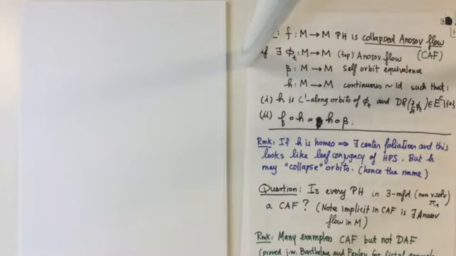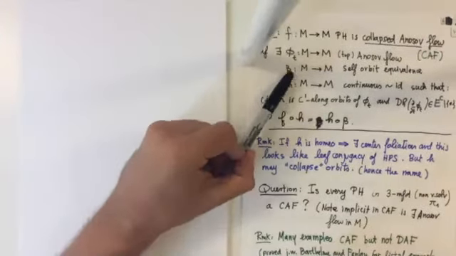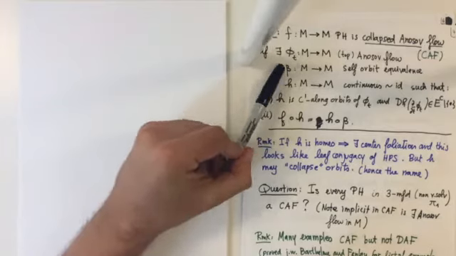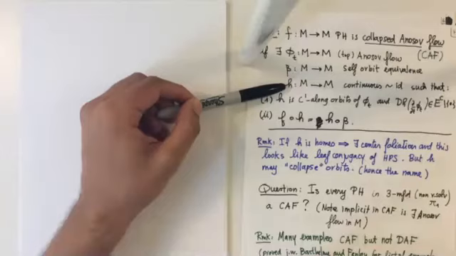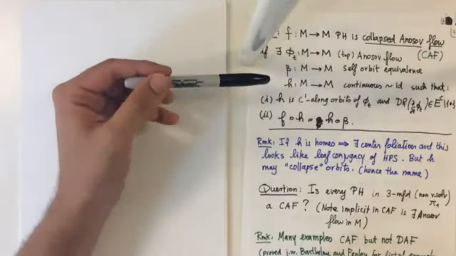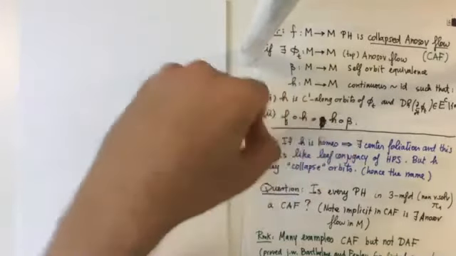Okay, so we say that a partially hyperbolic diffeomorphism is a collapsed Anosov flow if there exists a topological Anosov flow in the manifold, a self-orbit equivalence, remember this was just a permutation of orbits of the Anosov flow, and a continuous map homotopic to the identity, which maps orbits of the flow to curves tangent to the center direction, and such that you see the dynamics of this self-orbit equivalence in the dynamics of f.